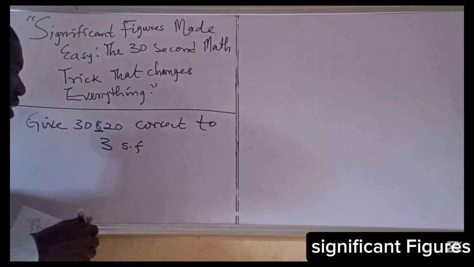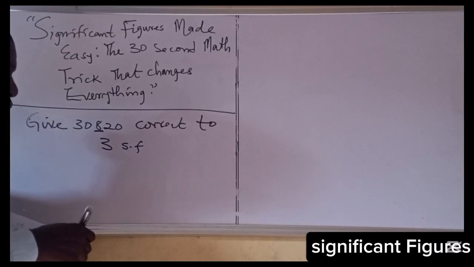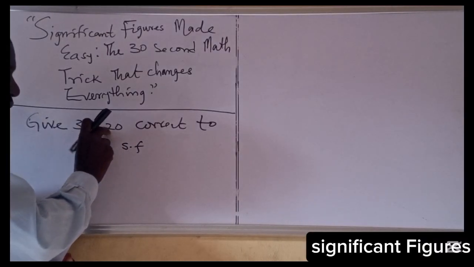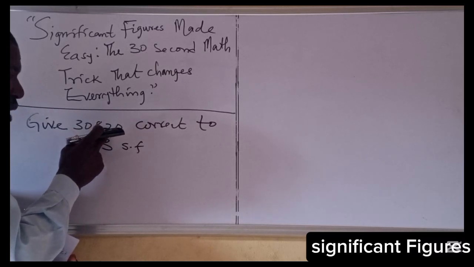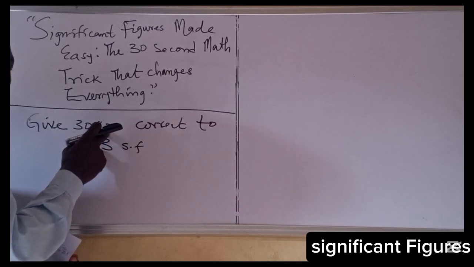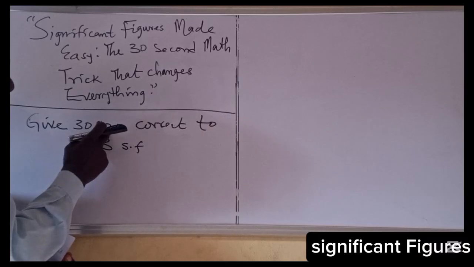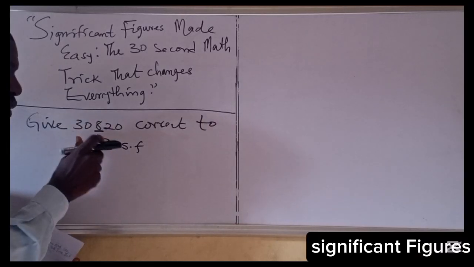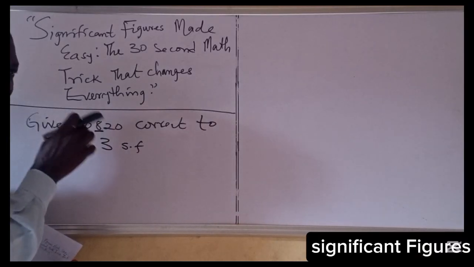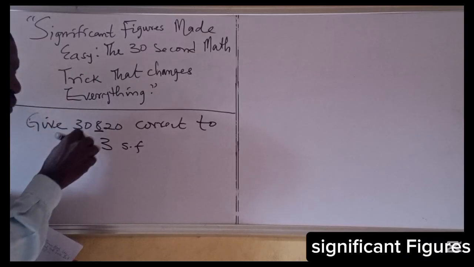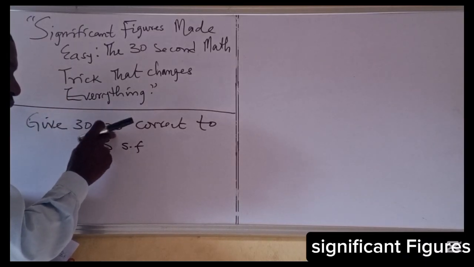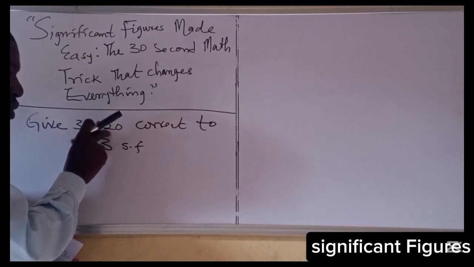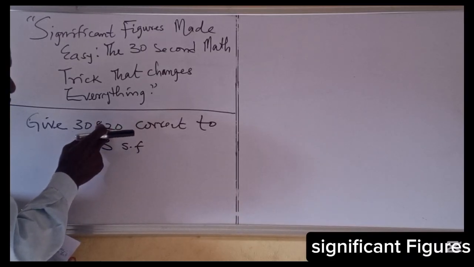Now, there is another thing you need to take note of. This next figure, if this next figure is 5 and above, you round up. What does that imply? Round up means that from 5 to 9, if this is 5, 6, 7, 8, 9, you are going to round this number up.